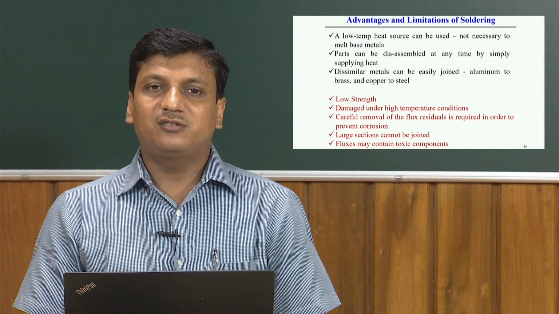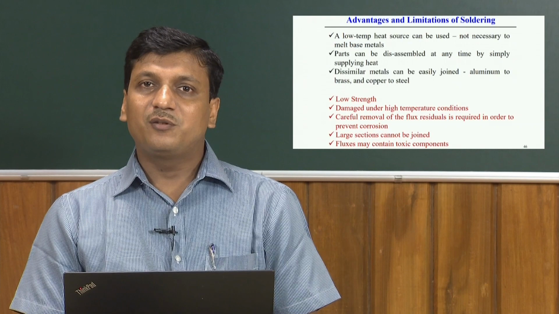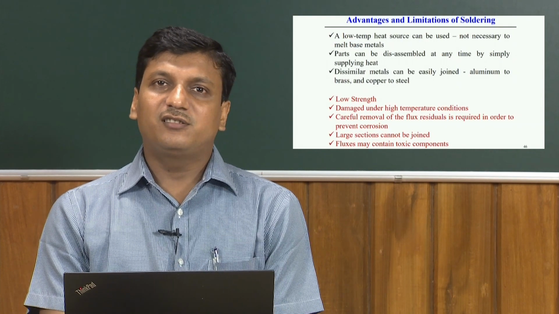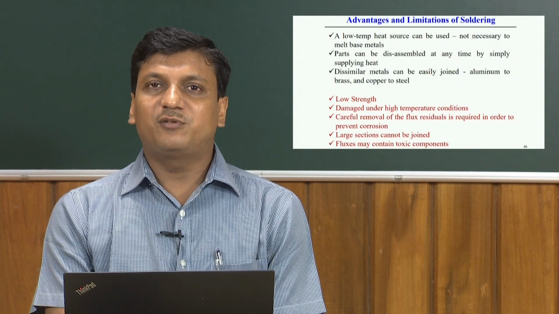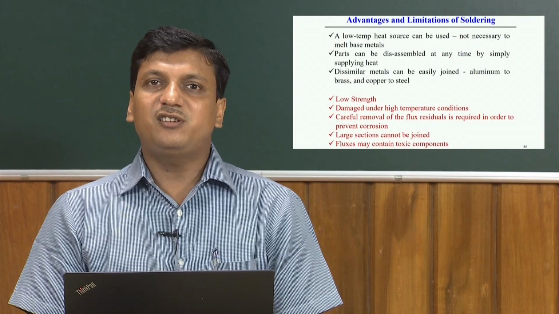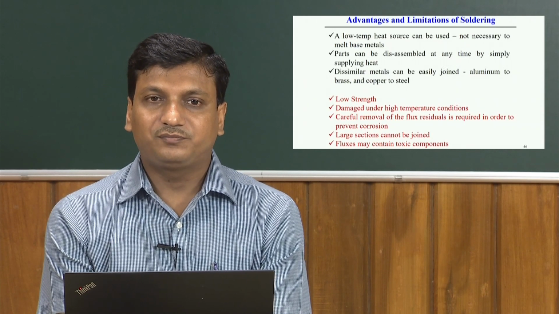But we cannot expect much strength from this joint when compared with normal fusion welding or solid state welding processes, and the joint strength is even less than that of the brazing processes.